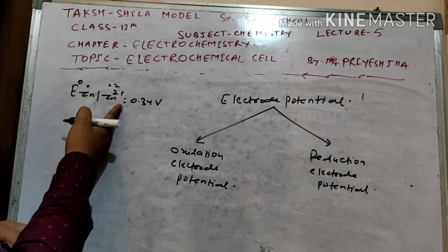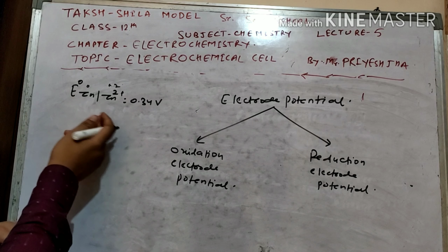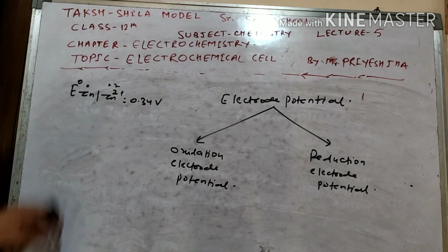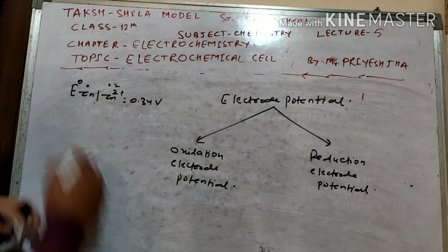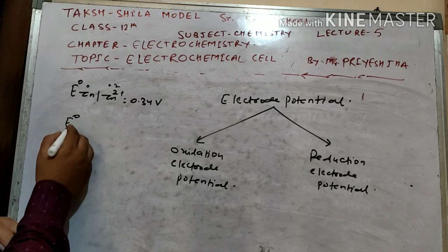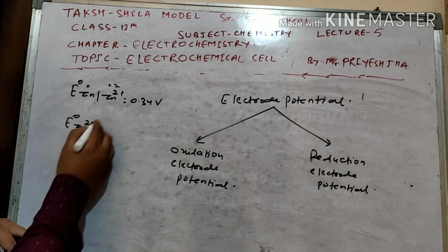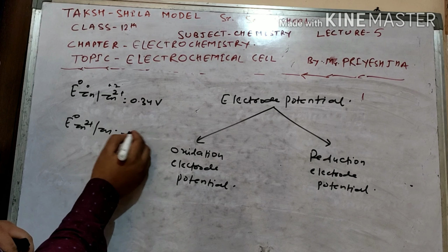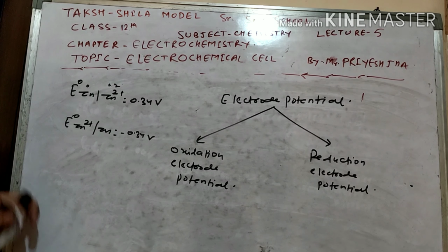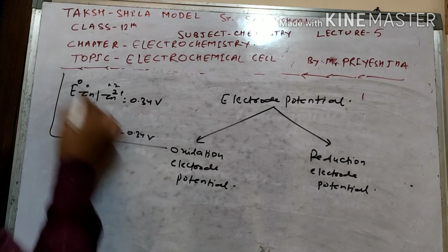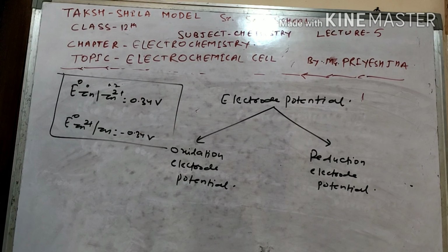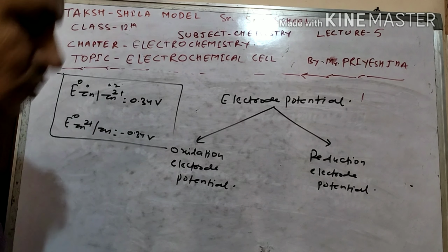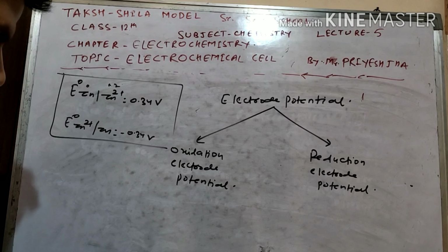So this is the oxidation electrode potential, and it may also be written in terms of reduction electrode potential. For example, Zn2+ to Zn, their electrode potential will be minus 0.34 volt, because oxidation electrode potential and reduction electrode potential are inversely related to each other.